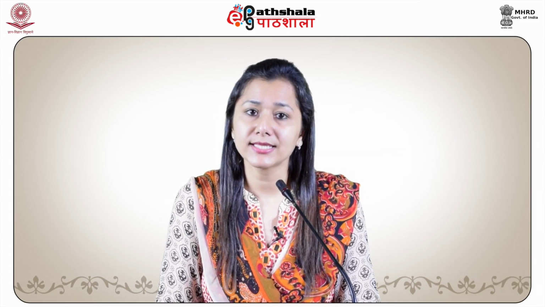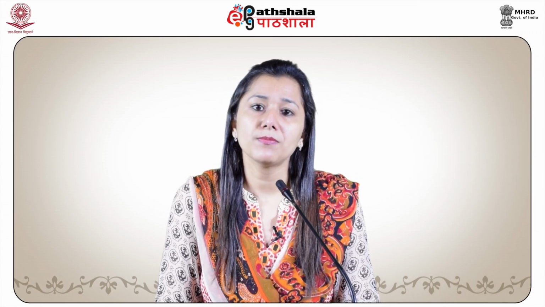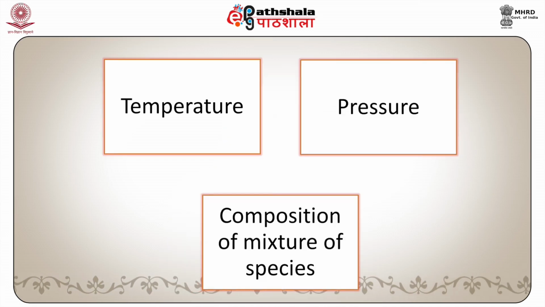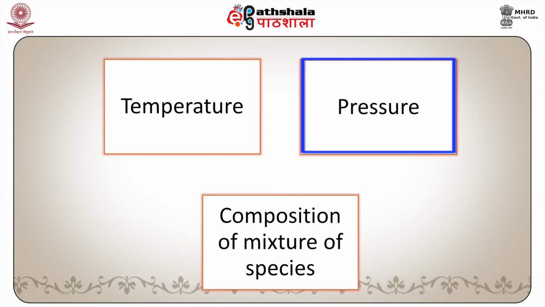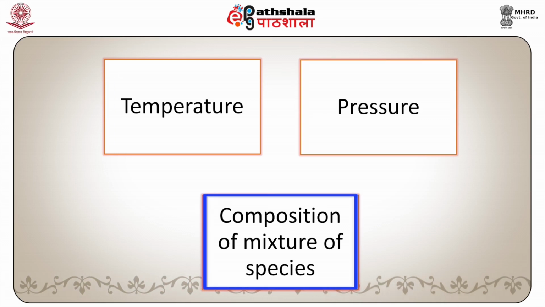The term activity was introduced by Lewis in the 1920s in order to describe deviation in behavior of a gas, liquid or solid state from an idealized pressure state of fugacity. Activity is defined as a measure of the effective concentration of a molecule or ionic species. Activity depends on temperature, pressure and composition of the mixture of the species.